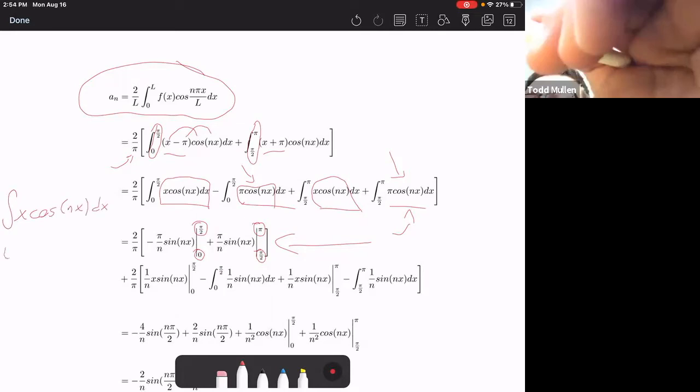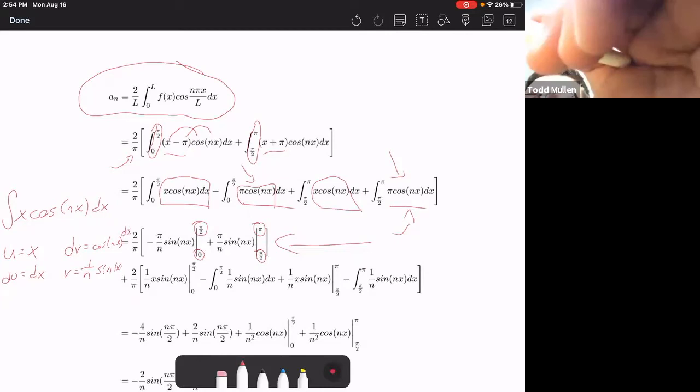So we are going to let u equal x, and then du will equal dx. dv is going to be cos of nx, and that means v will be that integral, which will be 1 over n sine nx. The dx will go right here.